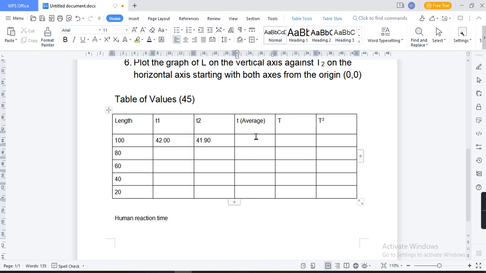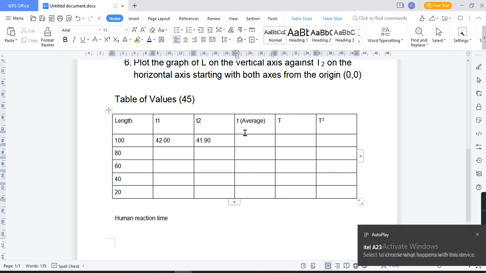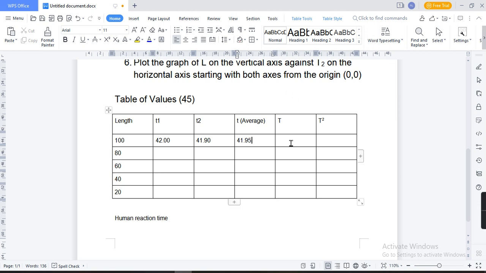I'll take the average by pressing the calculator. You know how to do this one. That is 42.00 plus 41.90 equals 83.9, divided by 2. I have 41.95. Then what will be my T? I'll divide this value by 20.